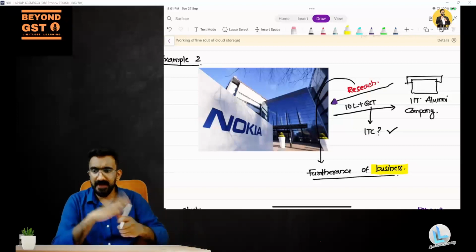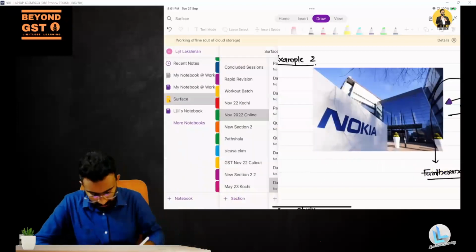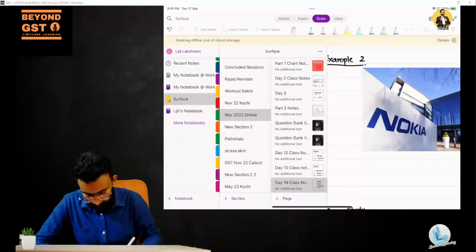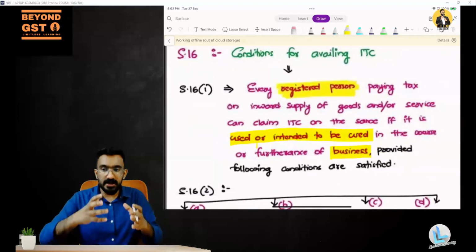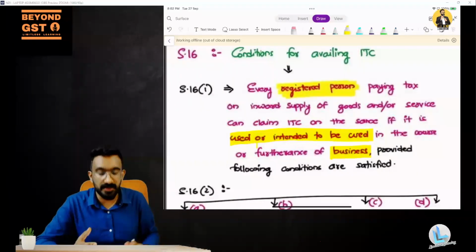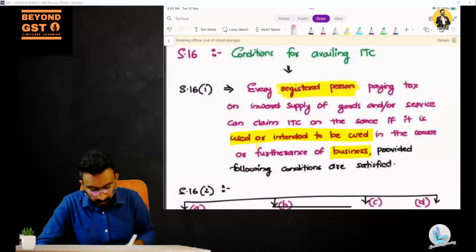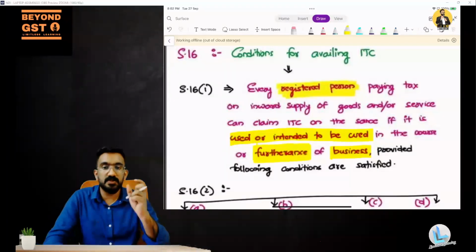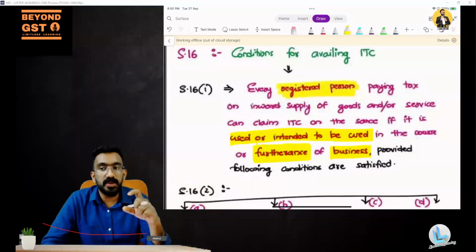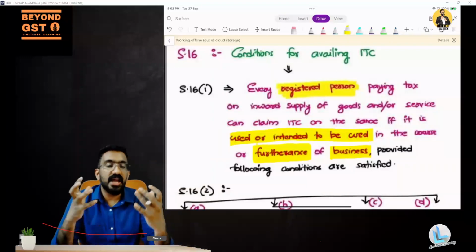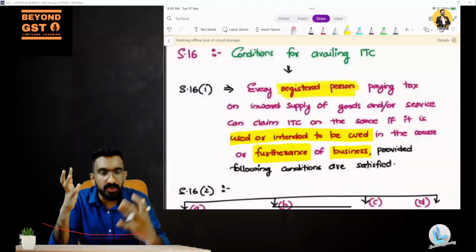Yes. Again, you will have to look at what the provision says. The provision says it is used or intended to be used in the course or furtherance of business, which means there is a word called furtherance of business. Whenever you're using this word in your GST answers, you should use it when you are having an inward supply, which can be of goods or services.